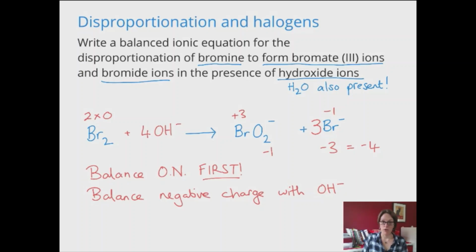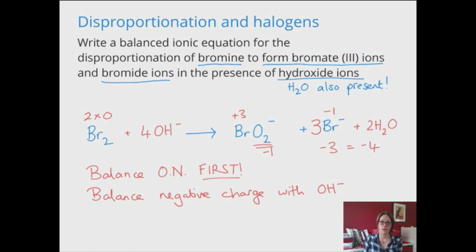Now what I do, I'm not using H+ at any point because this is in the presence of an alkali, so there won't be H+ ions around. This is an alkali solution. Now I need to add it up. Well, I have 2 O's on the right and no H's, and on the left I've got 4 O's and 4 H's. So if I take away the 2 O's I've already got, that leaves me very conveniently with 4 hydrogens and 2 oxygens, which means I can balance the rest of it with H2O.